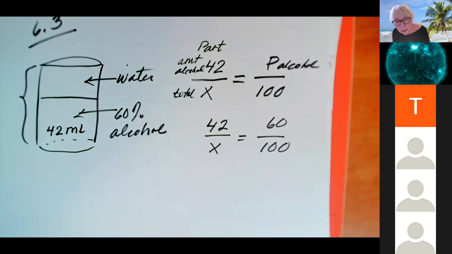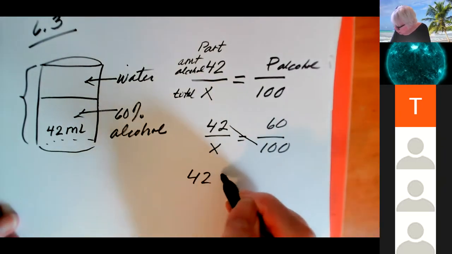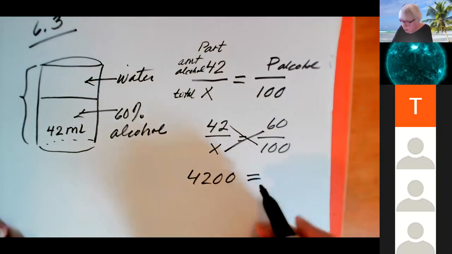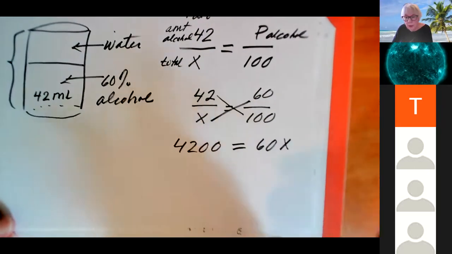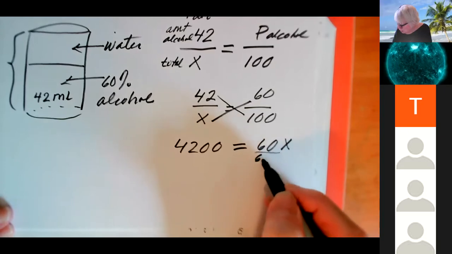Okay. The cross multiply, I think you can do. Can everybody do that part? Do I need to do it? So 4,200 equals 60x. This is 60 times x. You divide by 60.